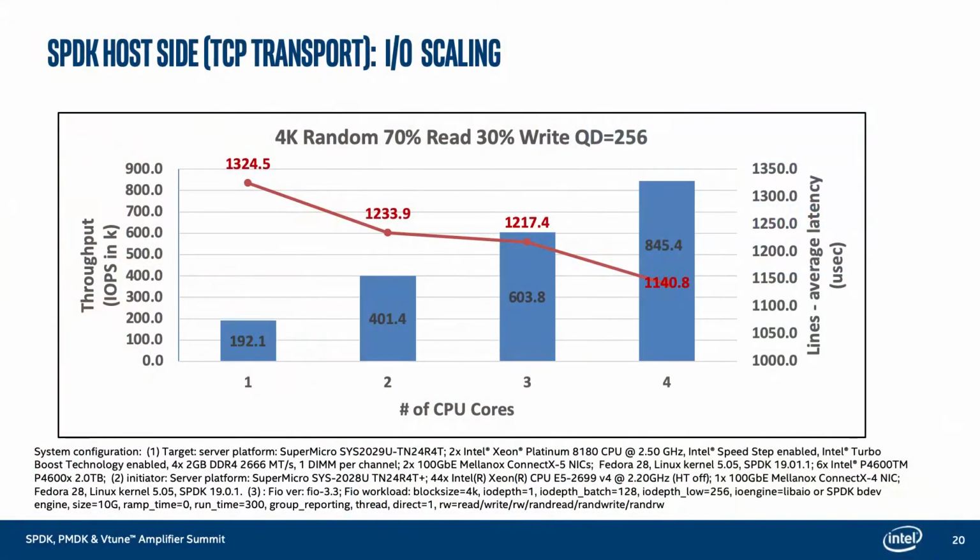So if we convert the 2 diagrams into 1, we can form a third diagram. In this diagram, it means the average end-to-end latency comparison between the solutions. For each solution, for example, for the kernel solution, we use the kernel target on the target side and the kernel initiator on the initiator side.